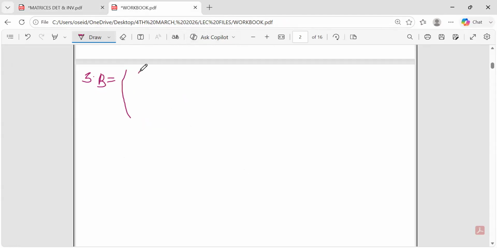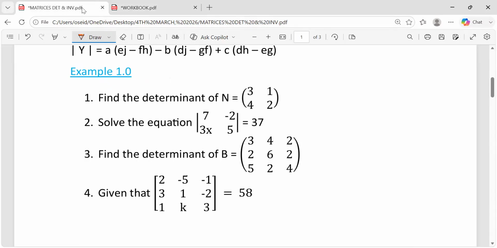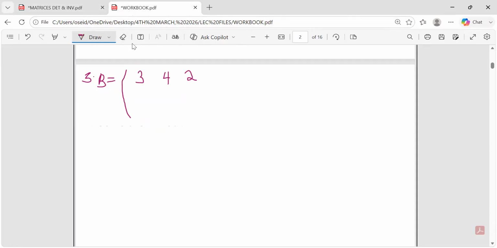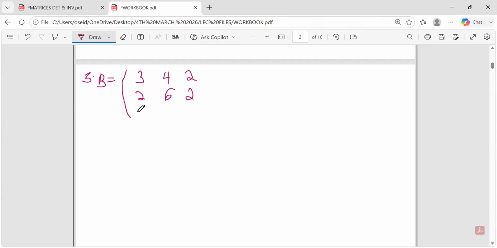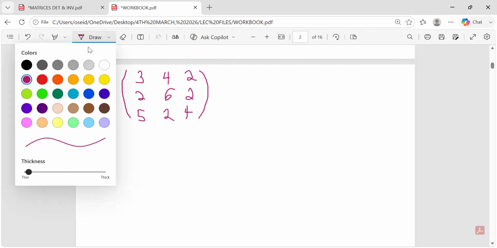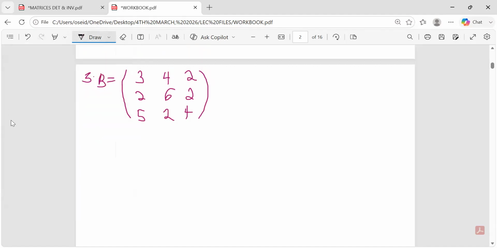The second row, 2, 6, 2. Then the last row, we have 5, 2, 4. We are asked to find the determinant.